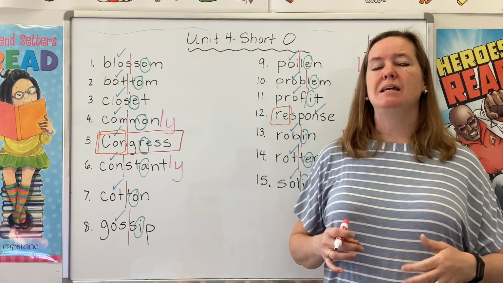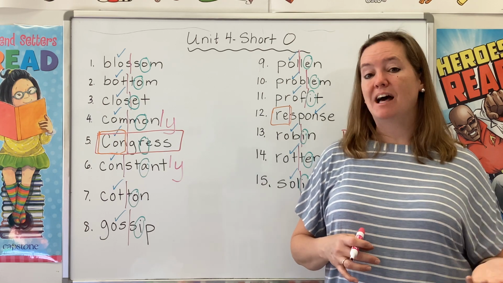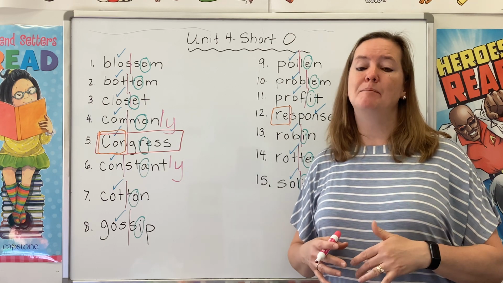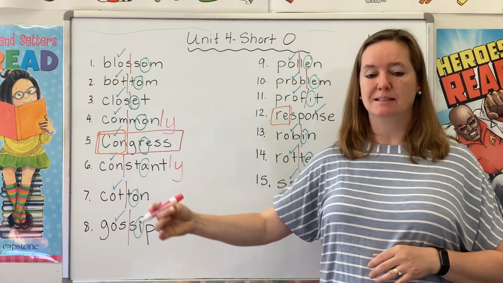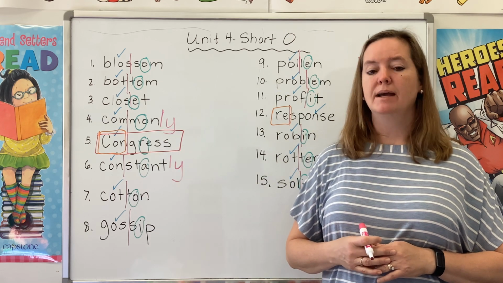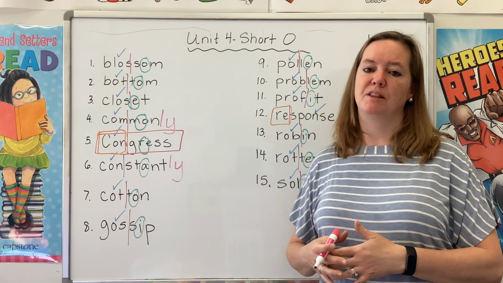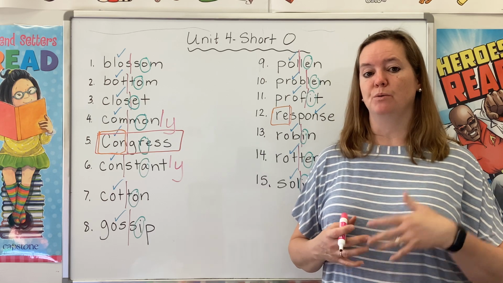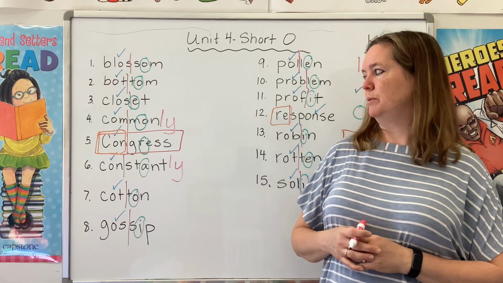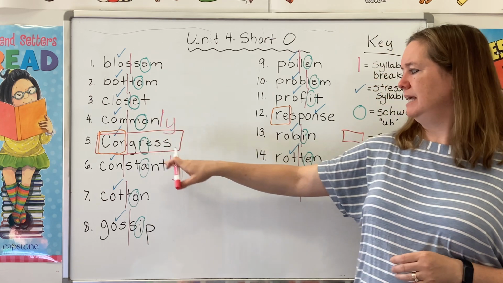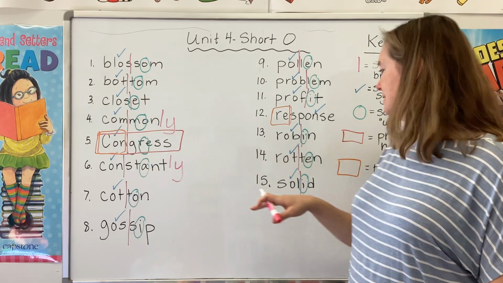So people named Matthew are commonly referred to as Matt. Commonly is describing the verb. They are referred to by a nickname. So we can change common to commonly, constant to constantly.